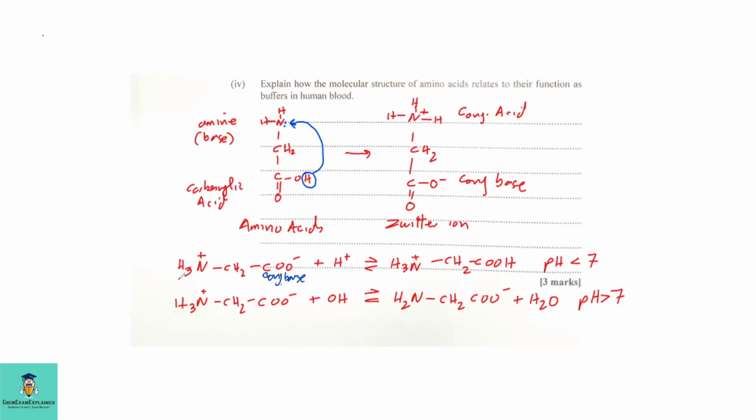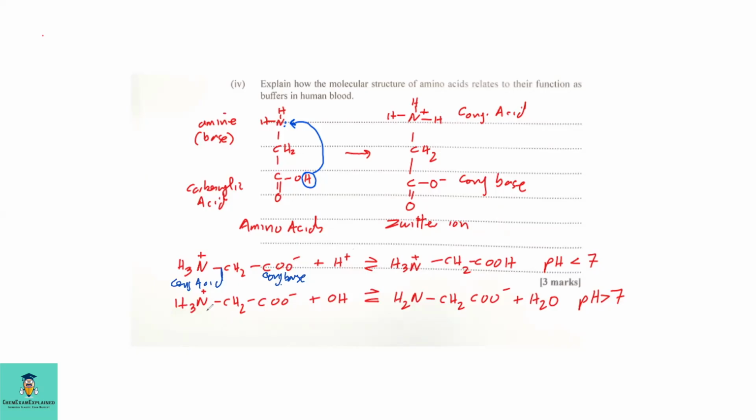And this part was our conjugate acid. So increasing H+, what will counteract it? Is it the acid or the base? So we'll see that the base will counteract it by reacting with it to form back an acid that was already present in our original structure, hence maintaining a constant pH.